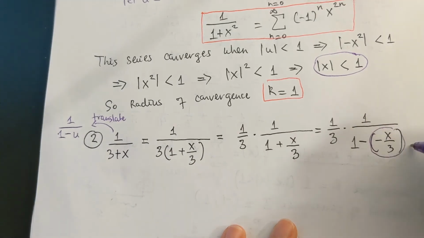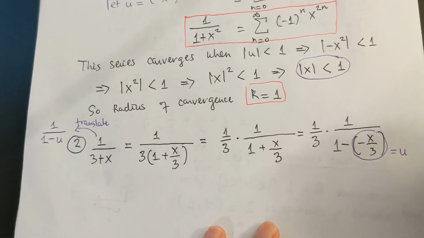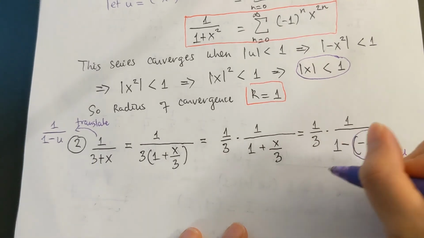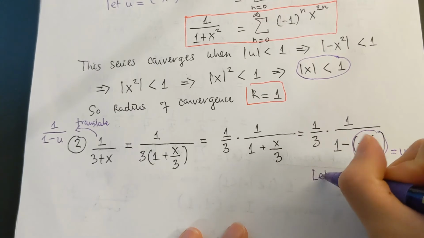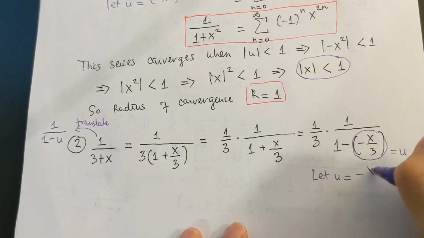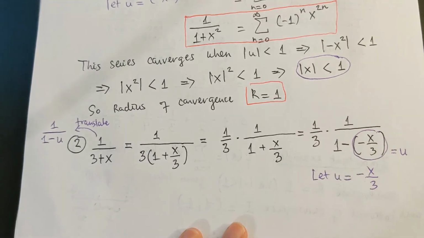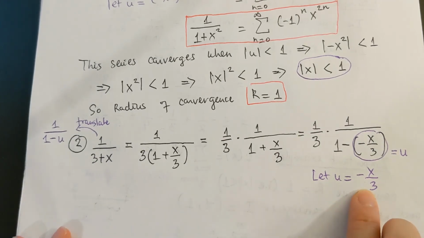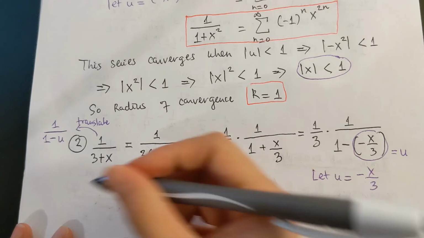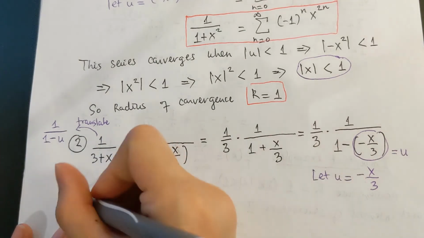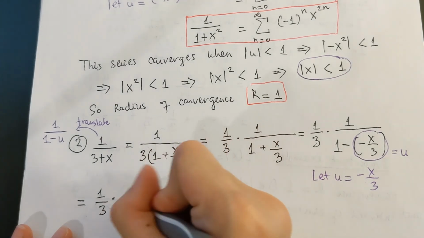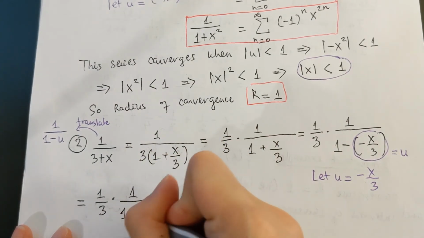So this is my u. Once I let u be minus x over 3, this expression becomes 1/3 times 1 over 1 minus u.